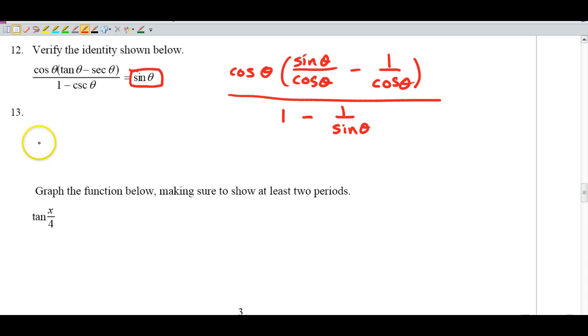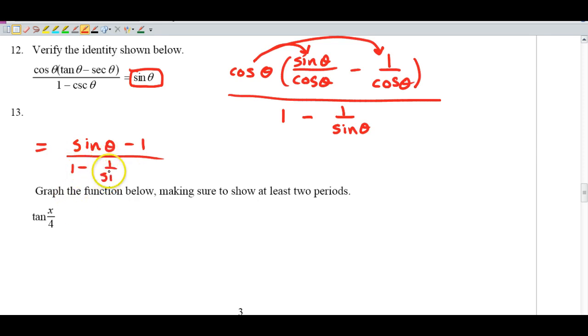Now this function will be distributed here. So the cosines cancel out, so I get 1 over there, and so I get sine theta minus 1 there. And this is divided by 1 minus 1 over sine theta.